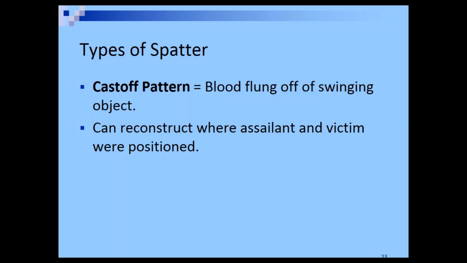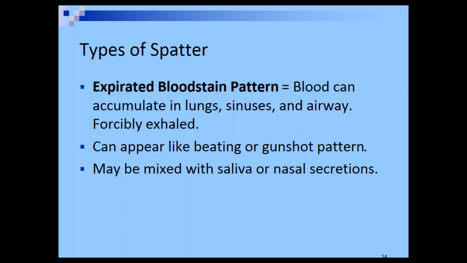Those 7 drops will create sort of a line on the wall or the ceiling where you can reconstruct the movement of that object that had blood on it. So this is called cast-off pattern. Again, it's not the same as an impact where it's one impact and then a lot of liquid balls go all over the place from that one point of origin. The cast-off pattern has multiple points of origin, but they all fall in a line of the swinging object.